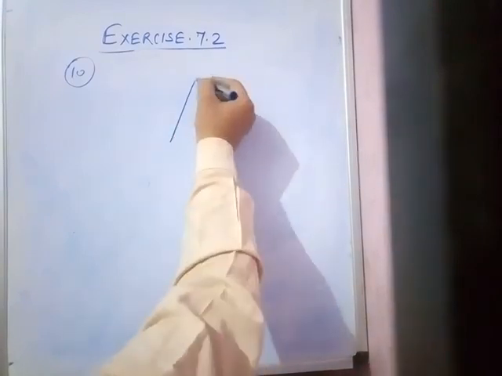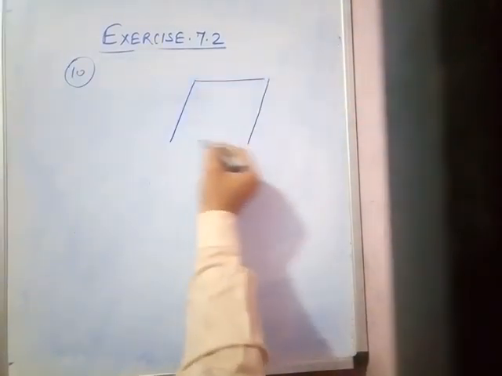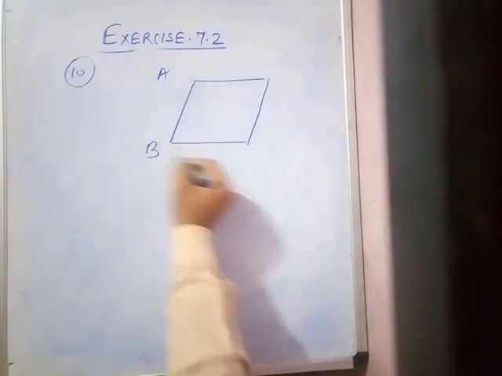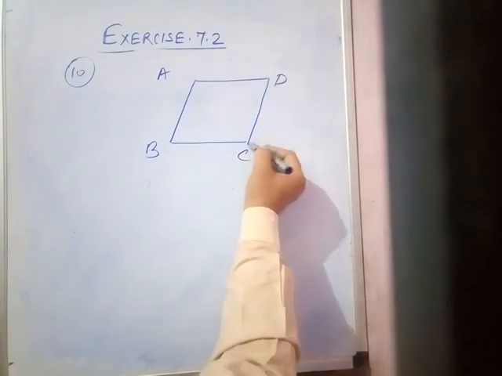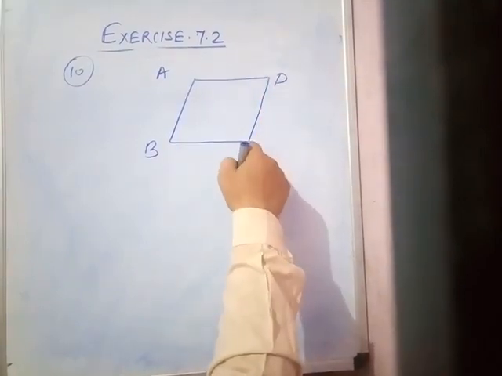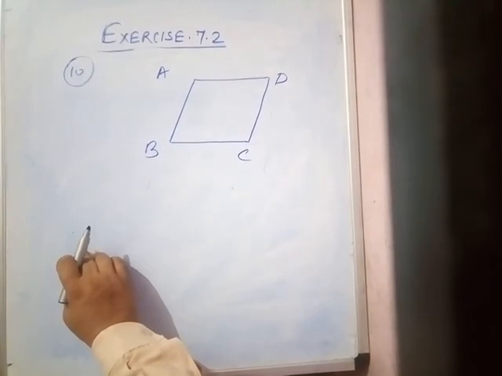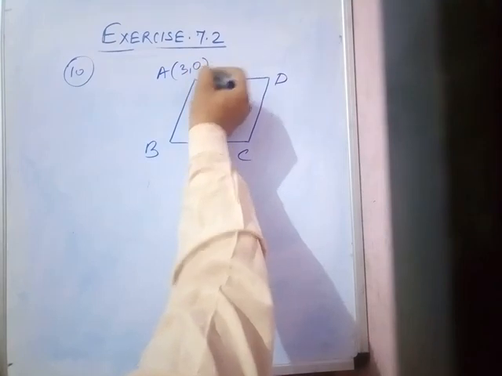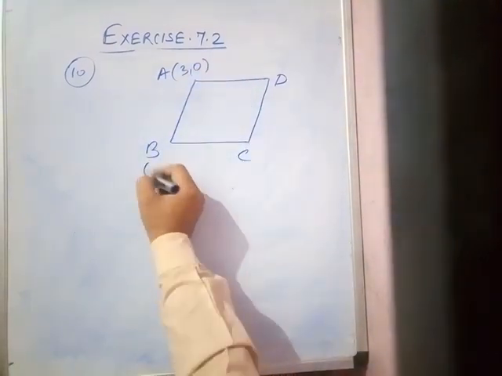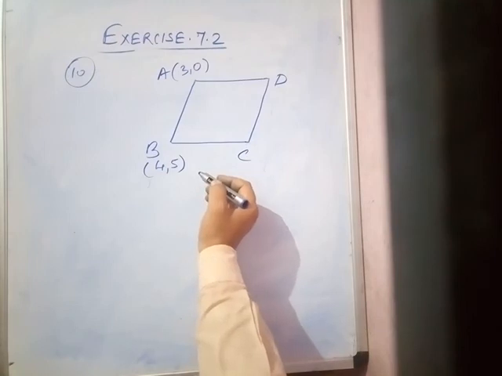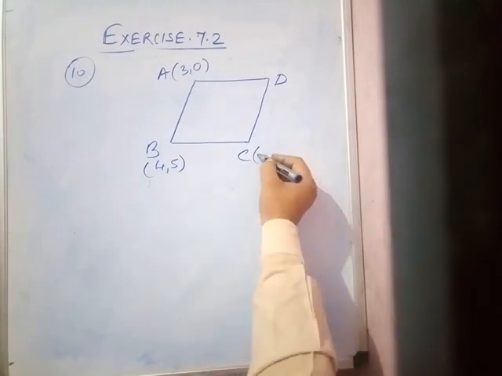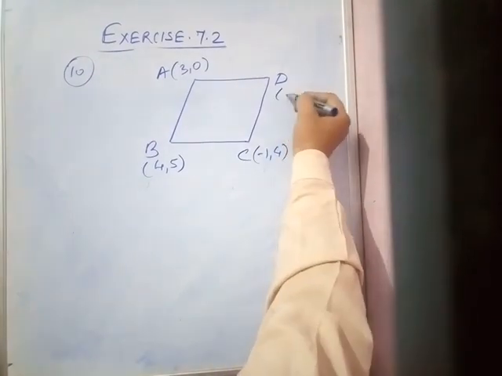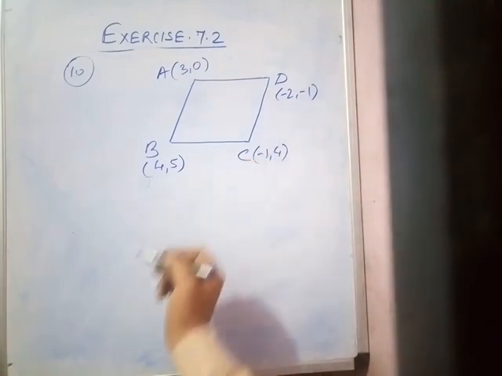Let A, B, C and D be the vertices of the rhombus, and the coordinates of its vertices are given: 3, 0, then 4, 5, then -1, 4 and -2, -1.